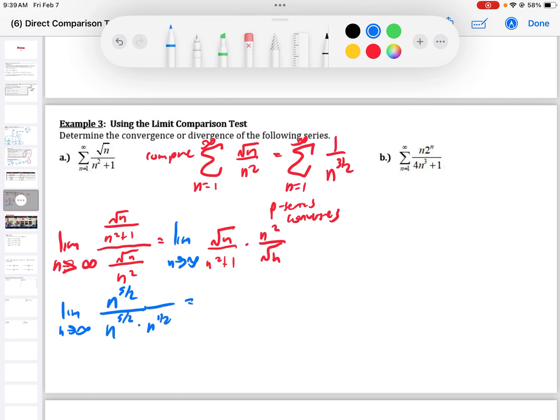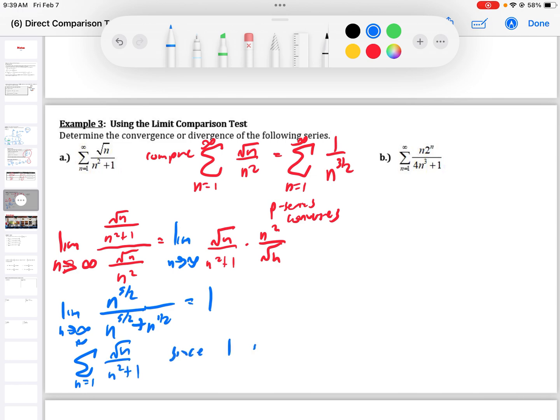And if you apply L'Hopital's theorem, I get 1. And since 1 is a positive finite number, that changes everything. Since that's a positive finite number, then I know my original series also converges by the limit comparison test.